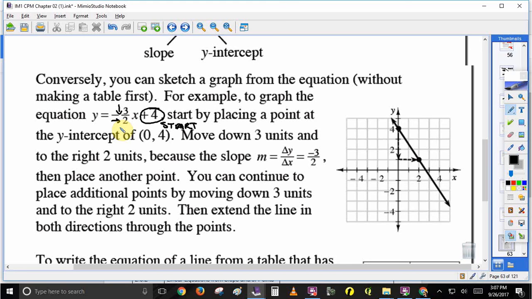So we place a point at (0, 4), right here. Then we go down 3, 1, 2, 3, right 2, and make another point. We could keep doing that. Down 1, 2, 3, right 1, 2. Make another point, connect the dots, and we have our line, which was y equals -3/2 x plus 4.